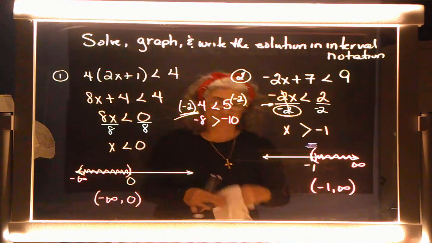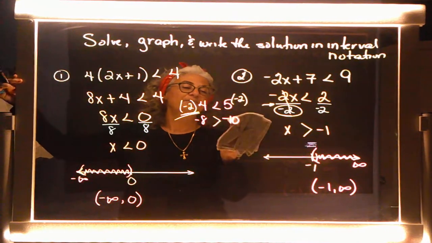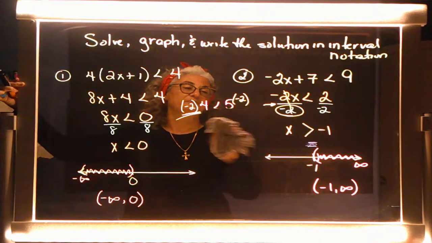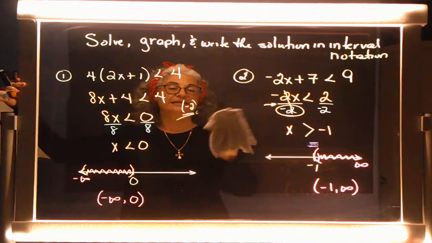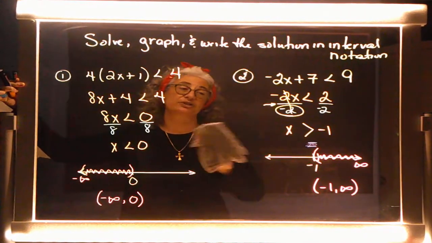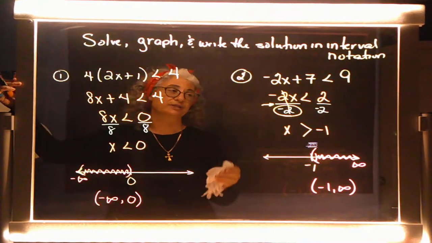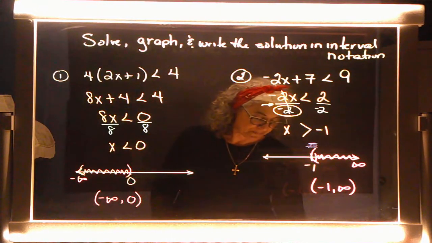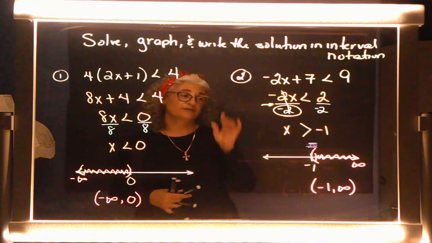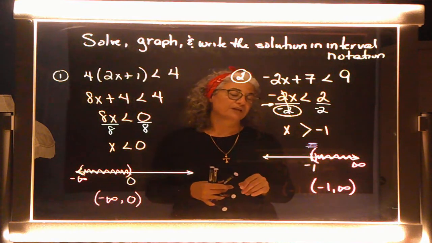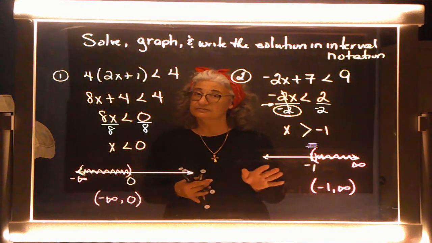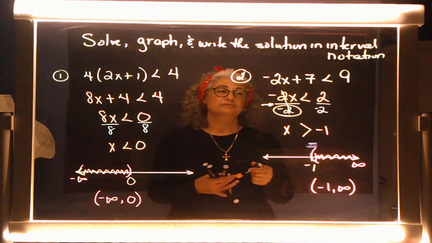Now, let me show you something here. Because some of you see what happened by the example I just erased. You understand why the inequality sign is flipping. But some of you aren't completely convinced. Let's check this answer. How do you check it?